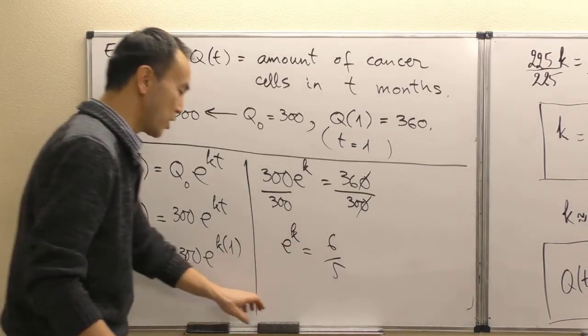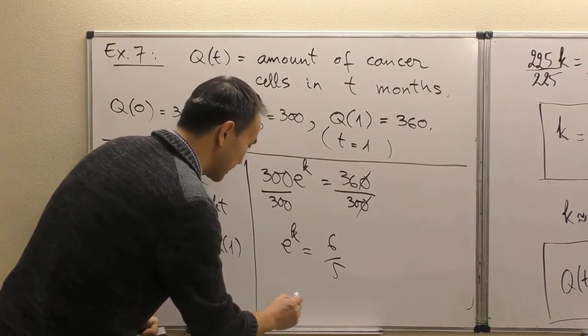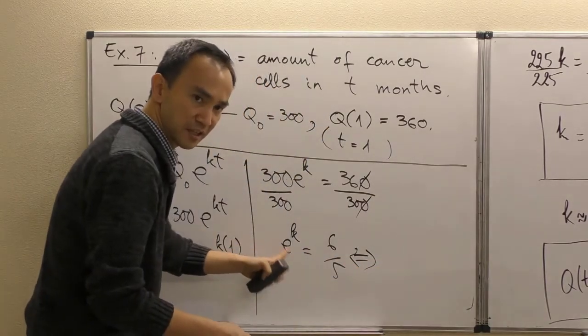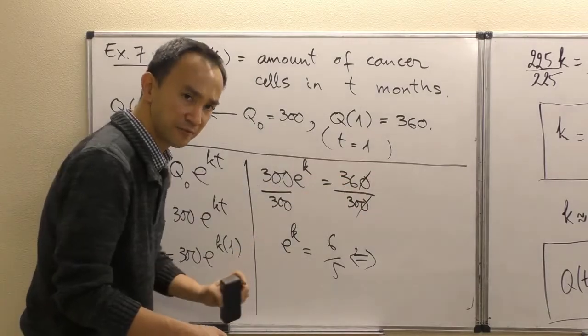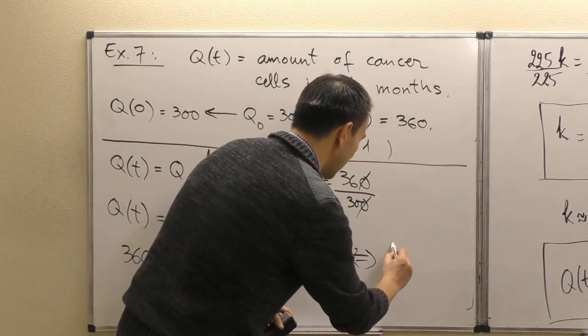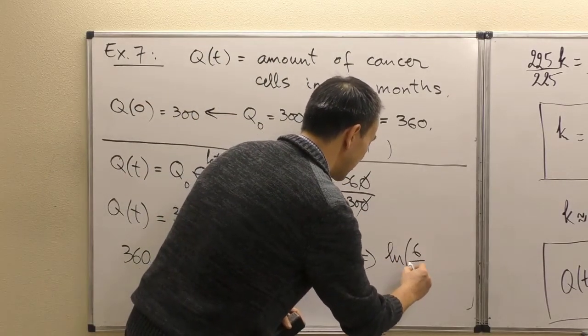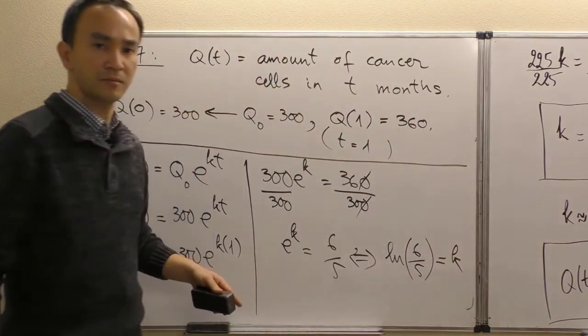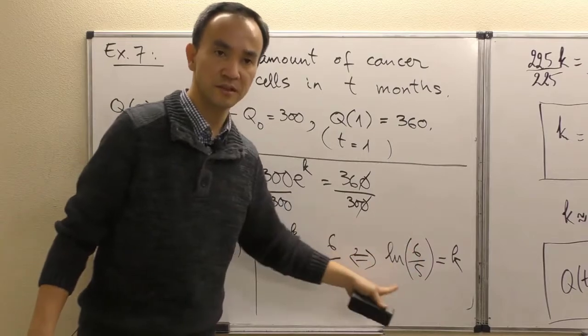Now I can solve for this by turning this equation from exponential form into logarithmic form. So now I'm looking at k equals natural log of 6/5. And now we have come to a value for k.